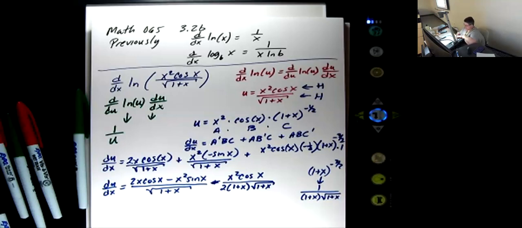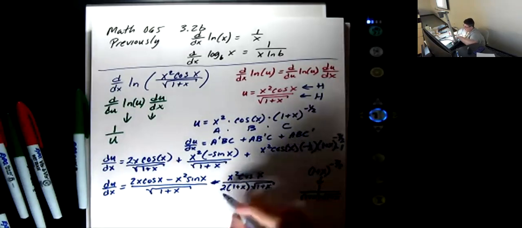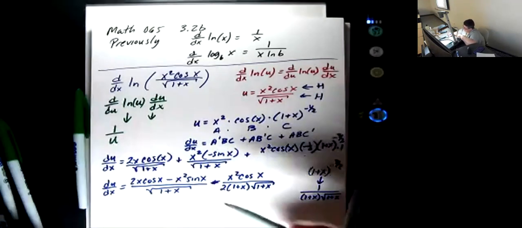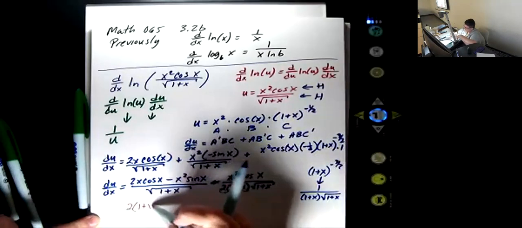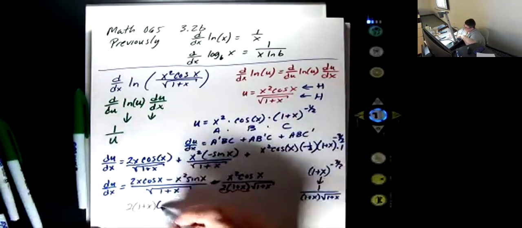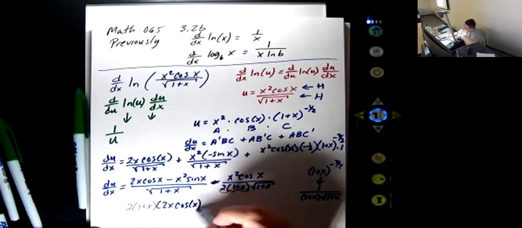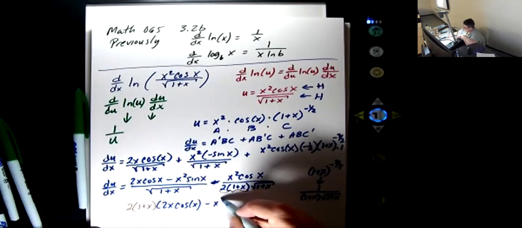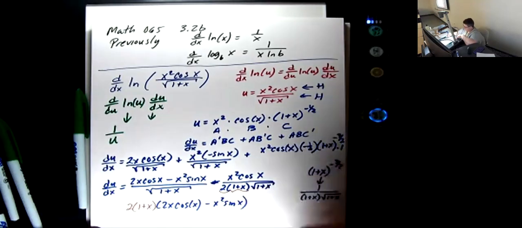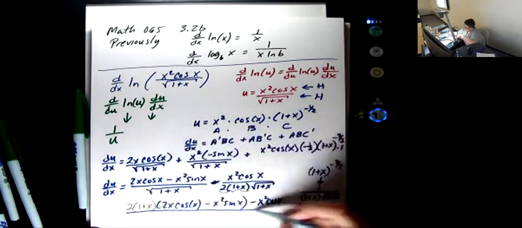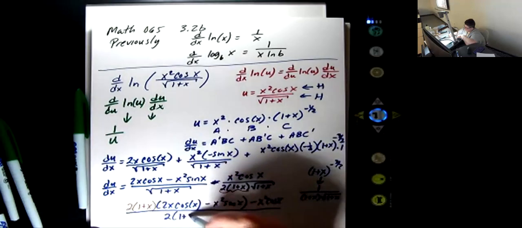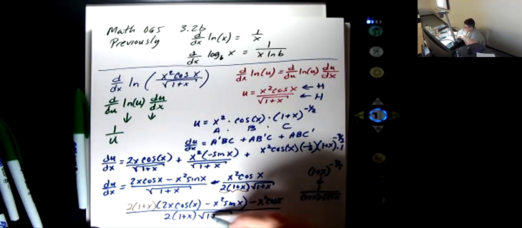All right, so if I want a common denominator, I need to multiply the first one by this. So I have 2 times 1 plus x times 2x cosine x minus x squared sine x, all minus x squared cosine x over 2 times 1 plus x times square root of 1 plus x.